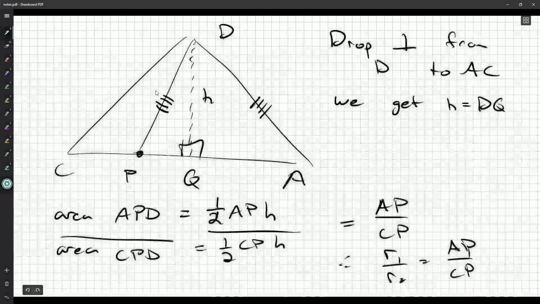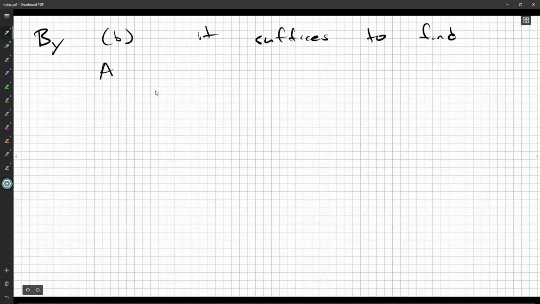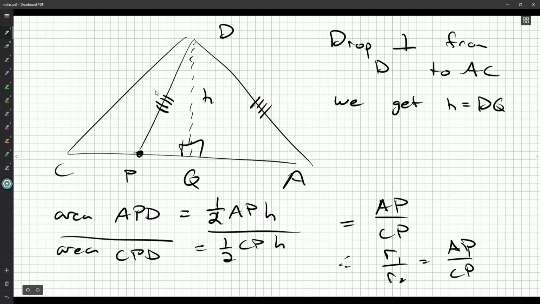So I would say, just based on what we've had presented, by B it suffices to find AP over CP. Okay, so we just need to find that ratio. Now, should I look at this picture?